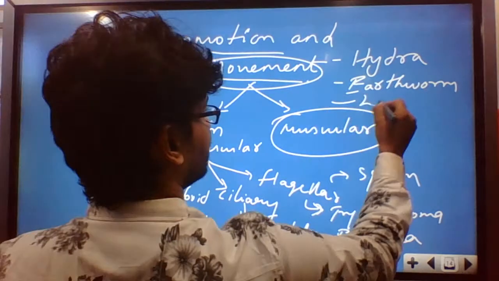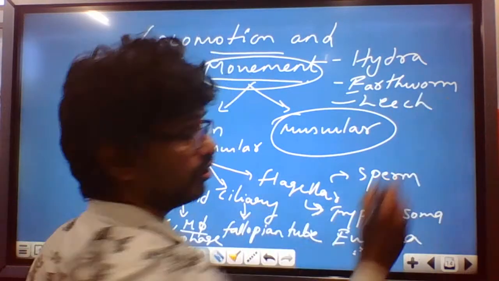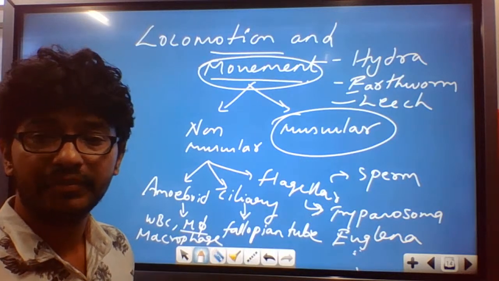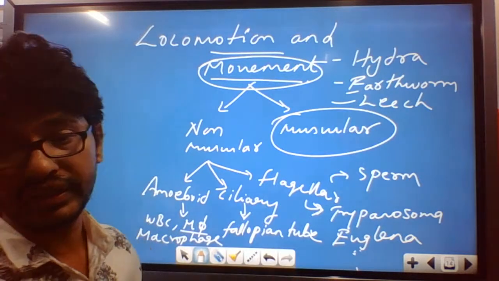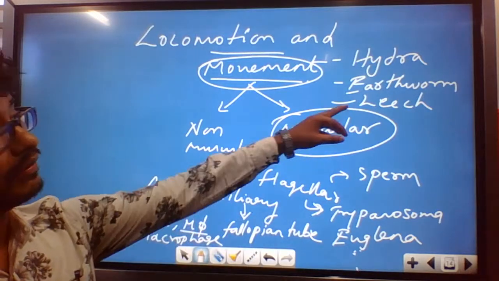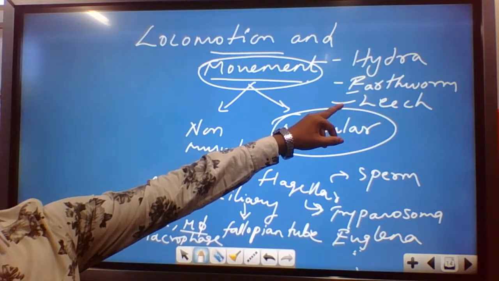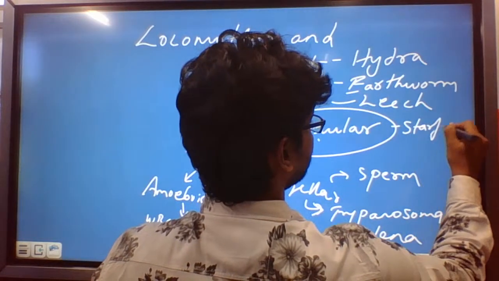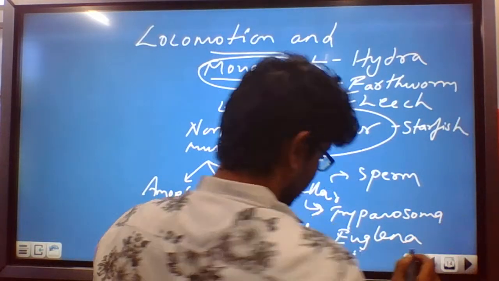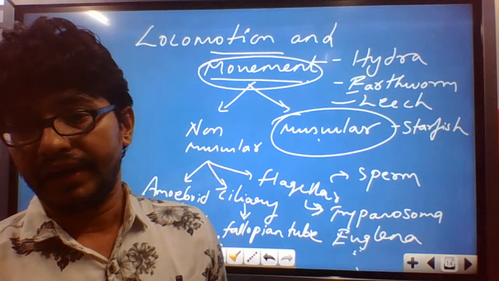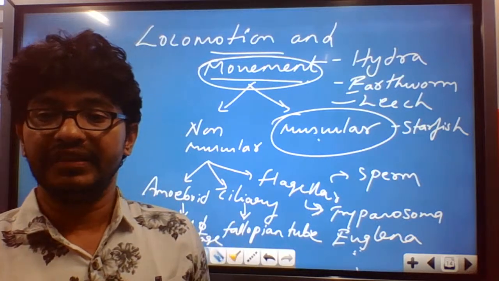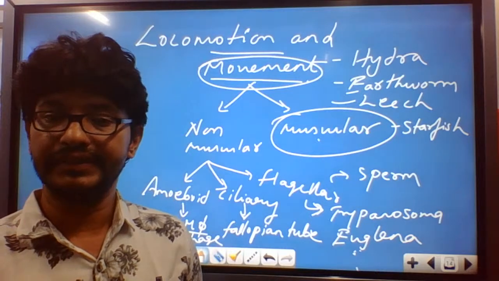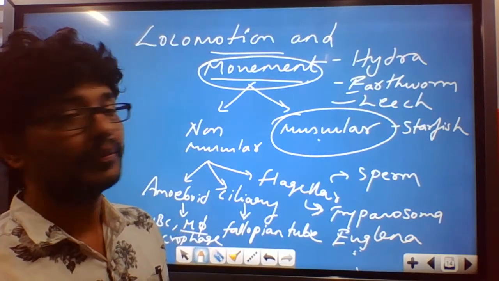Leech, for example, how does a leech move? What do you call a leech in Tamil? Then how does a starfish move from one place to another? Longitudinal or circular muscles, exactly. More specifically, the longitudinal and circular muscles with setae let the earthworm move.